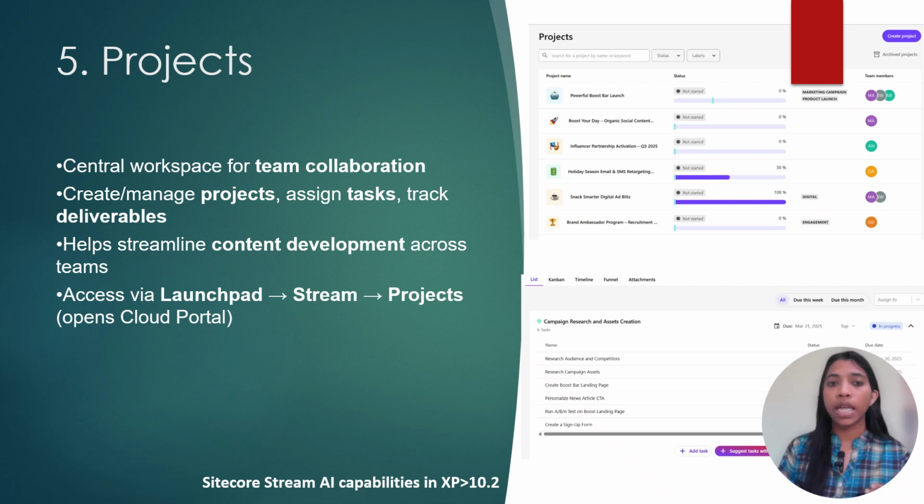The team members can clarify the requirements, comment on the task, upload images, and see the overall project status. All these things we can do with the help of AI in the project layer. AI can suggest the tasks or deliverables that have to be created, and it can send notifications to the team members. So with the help of AI, with the help of Stream, we can do many things like that.